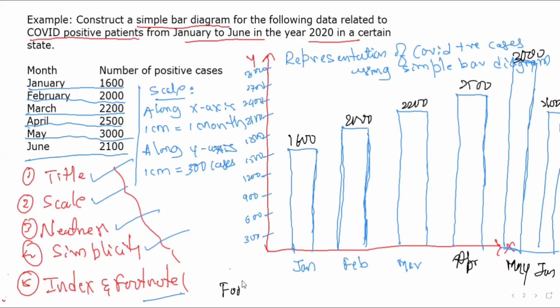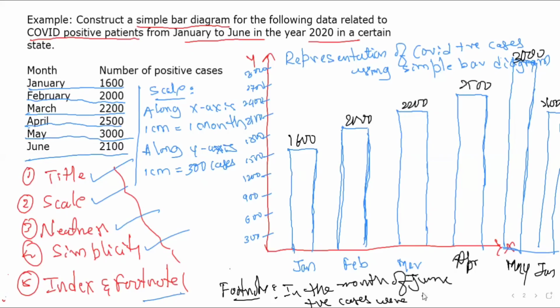Under footnote we can give that in the month of June, positive cases decreased. From here to here it is increased, then it is decreased. So under footnote we can give the conclusion that in the month of June, positive cases decreased, right? So this is the concept of simple bar diagram. I hope it is clear.